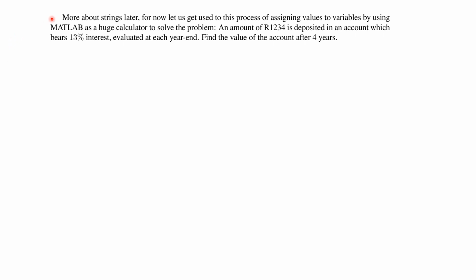We'll talk about these strings later, but let's just get used to this with a problem which we'll set ourselves. We put a certain amount into an account, it attracts an interest rate of 13%, and the interest is accumulated at the end of each year. So let's use MATLAB as a calculator to see what we've got in the balance after 4 years.